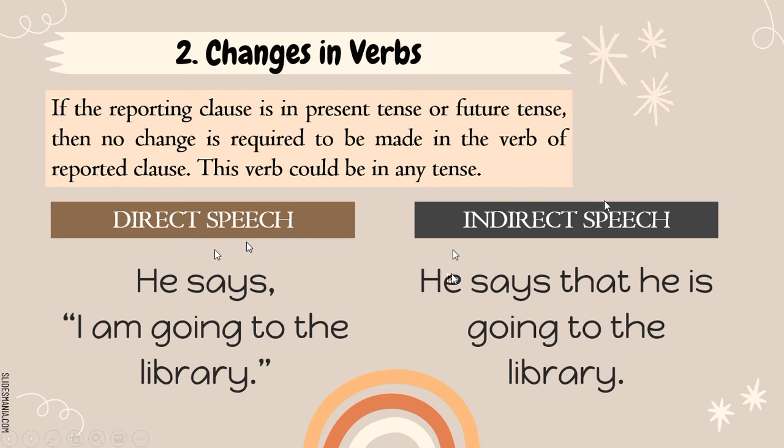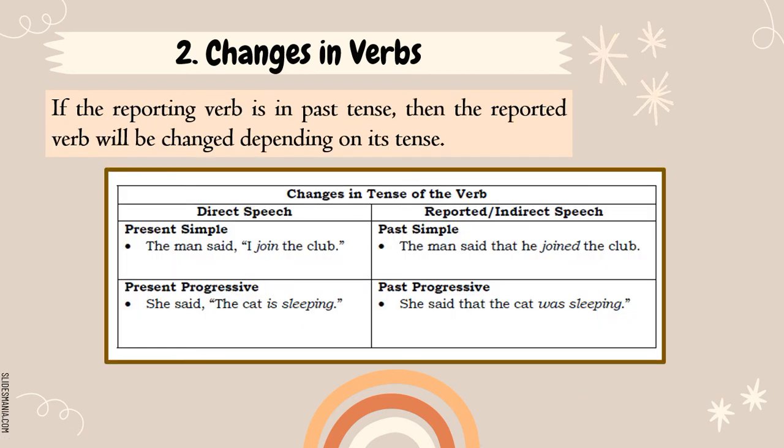Next is present progressive. She said, "the cat is sleeping." Again, for the present progressive tense of the verb, she said, the cat is sleeping.